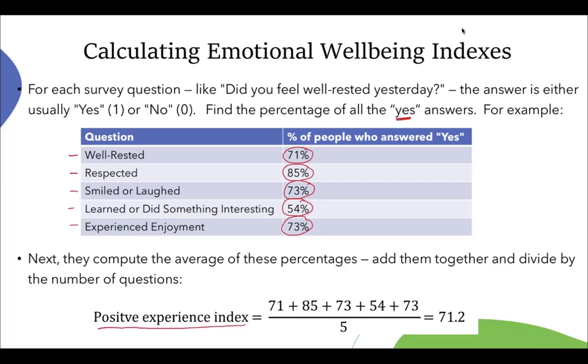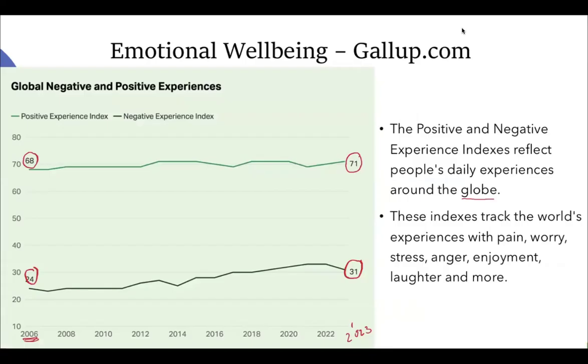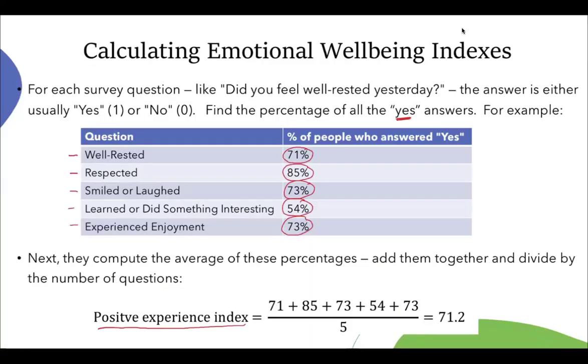Now, on the first slide here, the picture of the initial graph, let me go back for a moment. The positive experience index is 71, and this is exactly how it gets calculated. The individual indexes are calculated, and then the average of those indexes is calculated, and that gives us a number close to 71, the positive experience index.